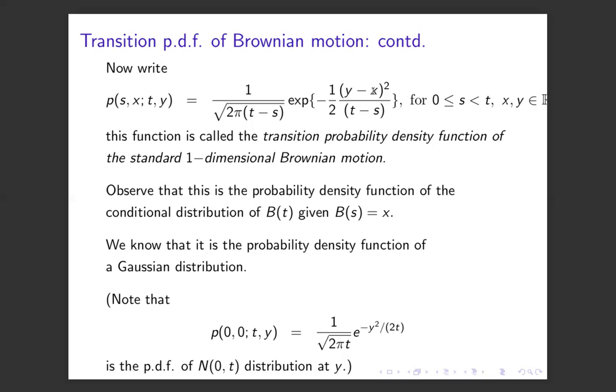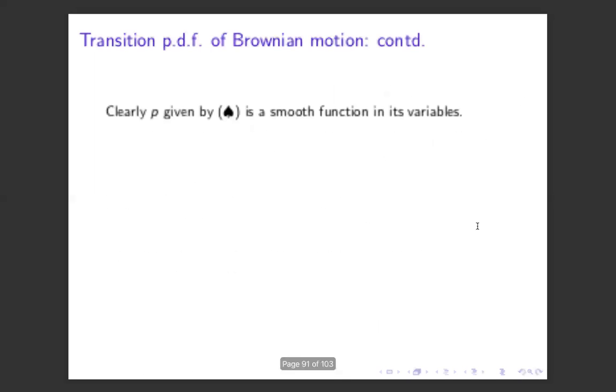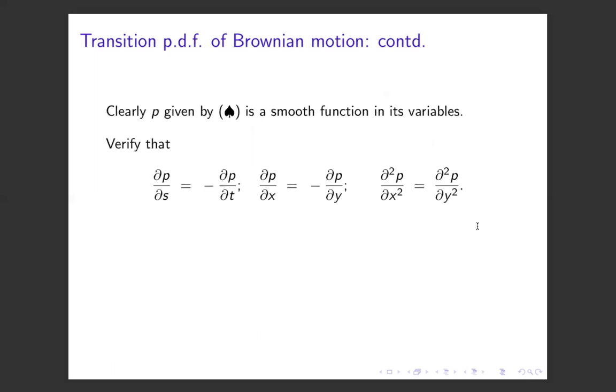And similarly concerning y and x. So verify that the partial derivative of the function with respect to s is the same as the negative of the partial derivative with respect to t. And similarly, the partial derivative with respect to x is the negative of the partial derivative with respect to y.